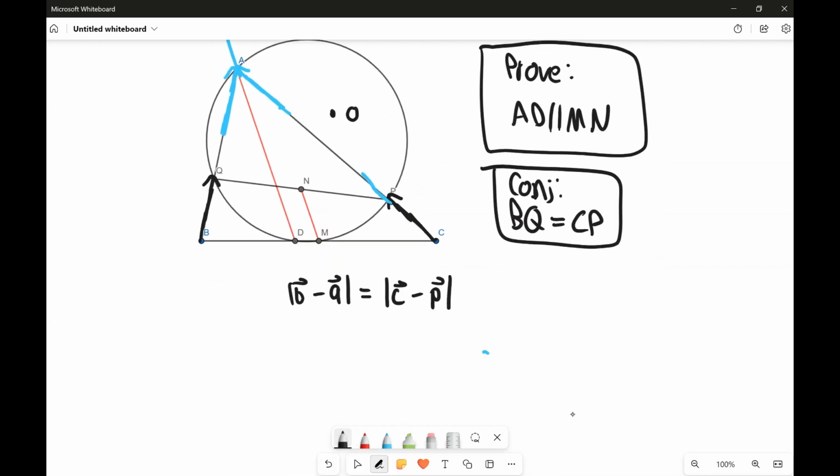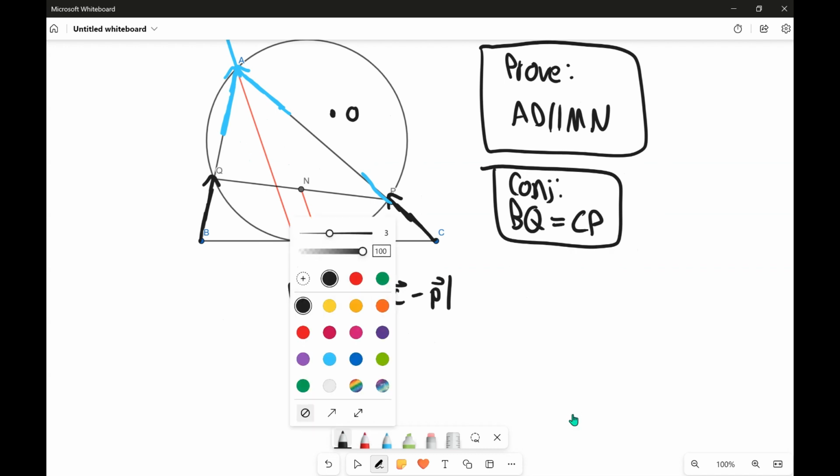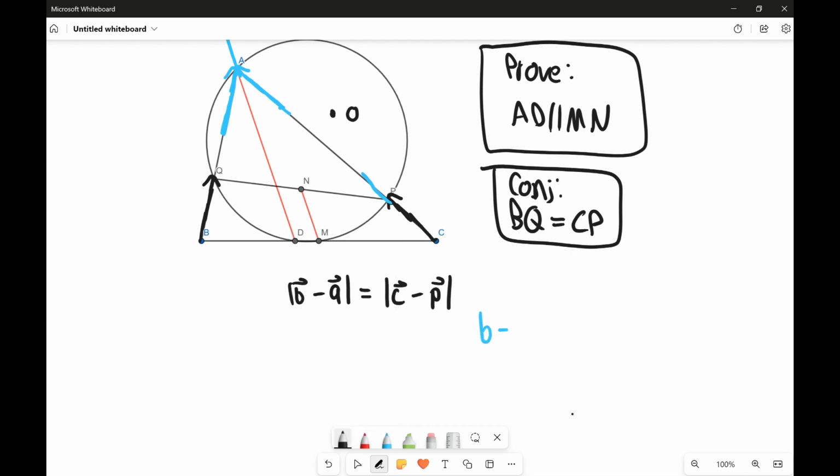And hence b minus q plus c minus p is parallel to AD. And if we rearrange this, we have b plus c minus p minus q is parallel to AD.